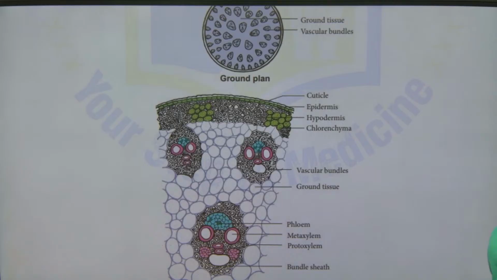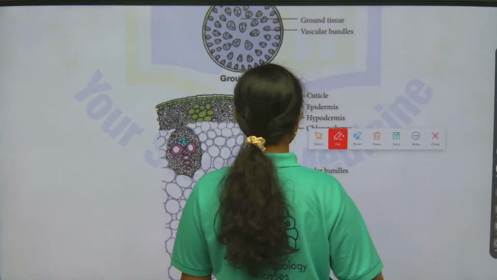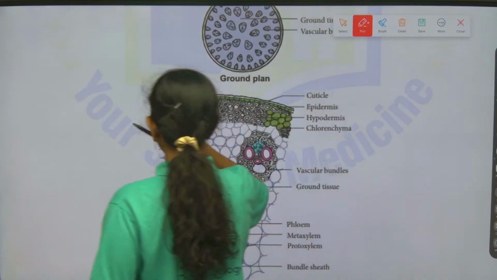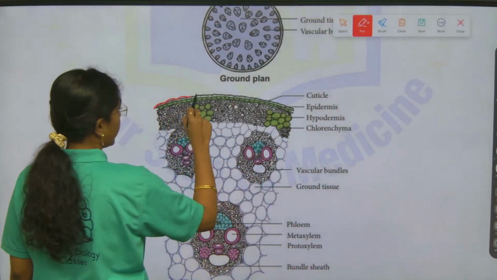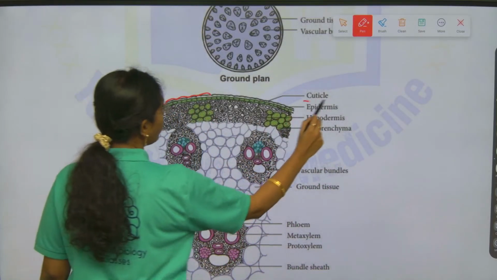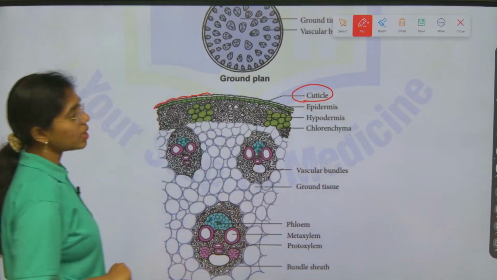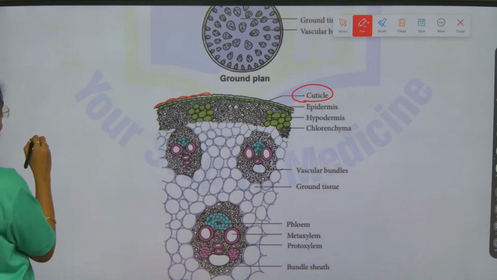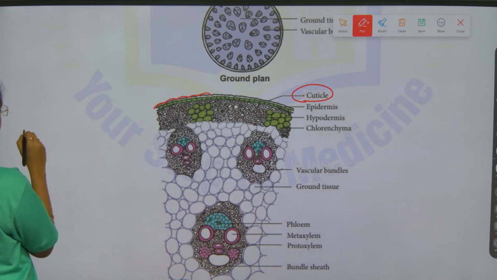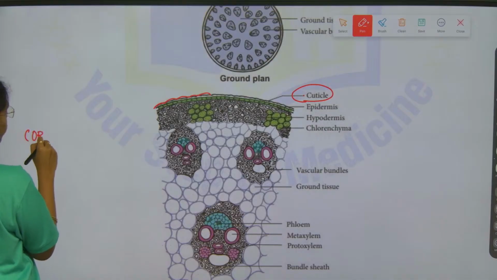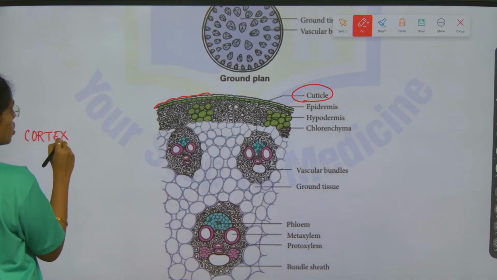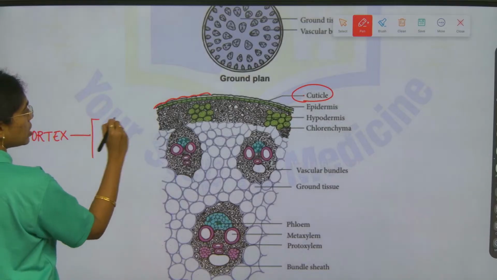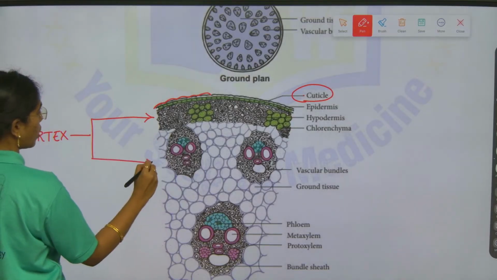As you have seen, epidermis has a cuticle layer above it. Same in monocots you have cuticle, and it also has hair like projections, that is trichomes. Here the cortex region will have what? Hypodermis and general cortex.